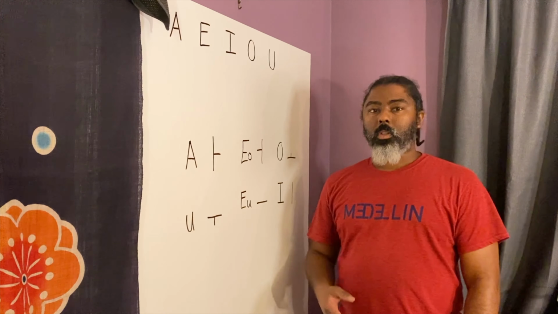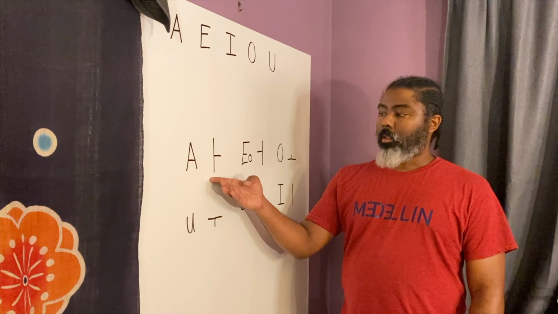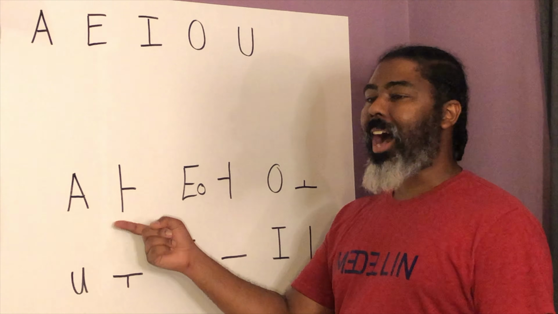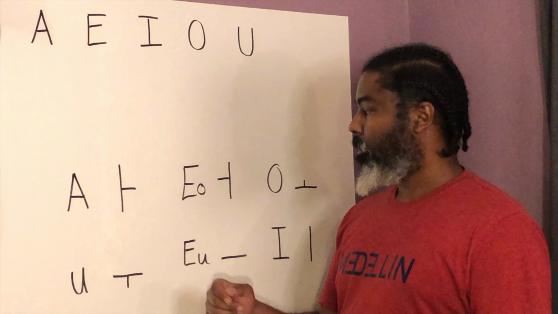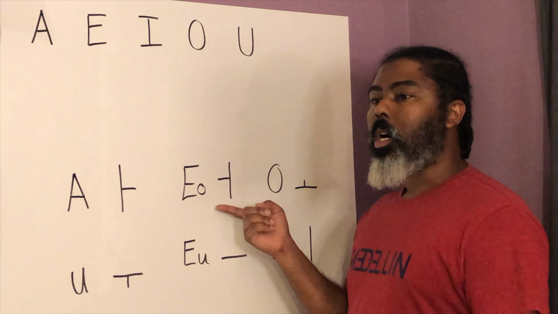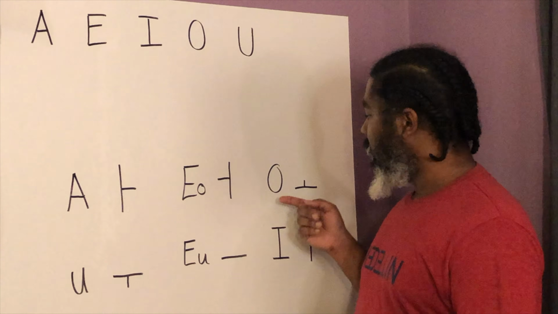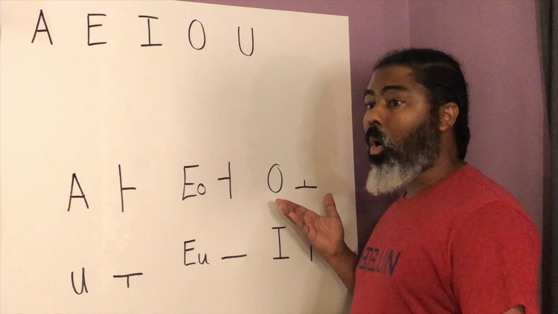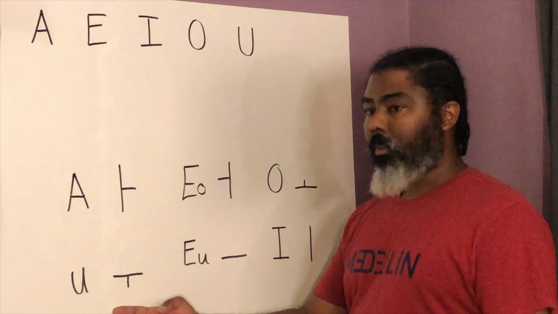The sounds that these characters produce are ah. This is the A, ah. The eo is... okay? The O is O, just as in the English language, O. The U, very similar, oo.